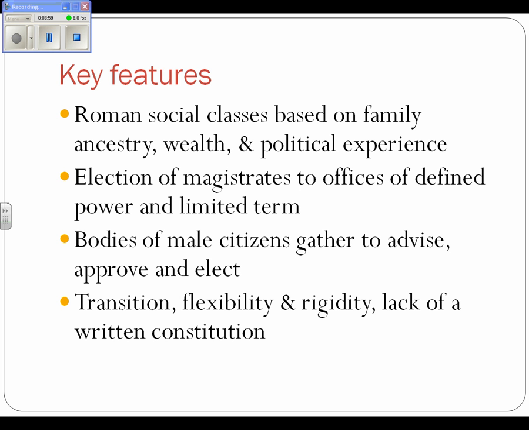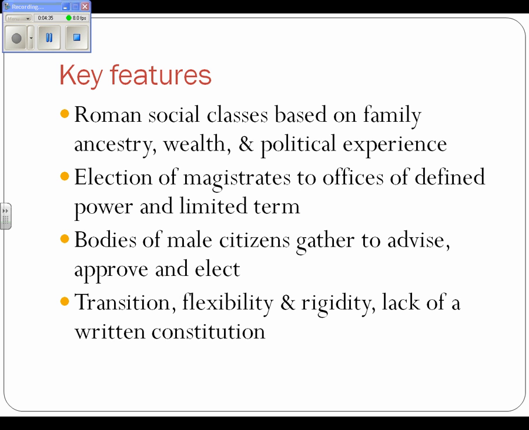The Roman Republic never incorporated female citizens into voting groups or into elected office, but instead various groups of male citizens, or bodies of male citizens, gathered to advise elected officials, to approve of treaties and laws, and also to elect officials for subsequent terms.